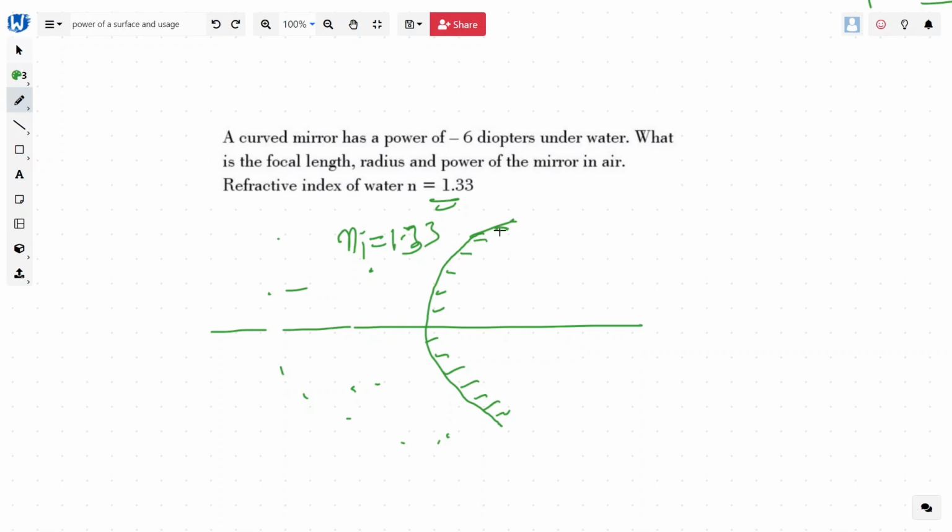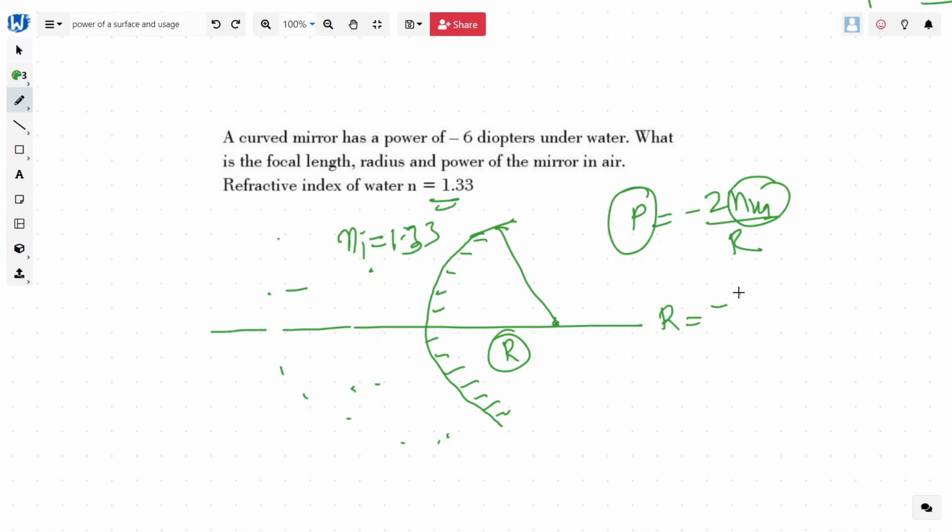Now we do not know the radius, right? So now when we know the power equation, we can say that the power of a mirror is going to be minus 2 times the refractive index of the medium it is in, divided by the radius of curvature. Power is given, nm is given, we can easily find the radius. So let's find the radius.